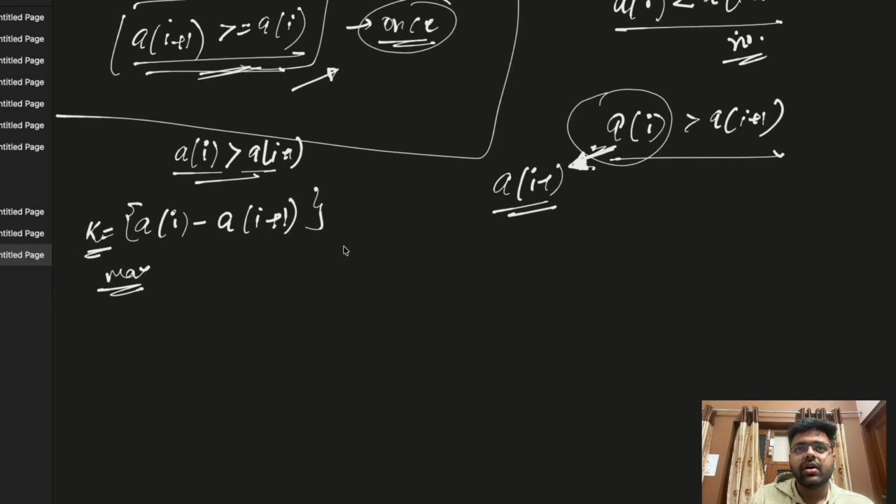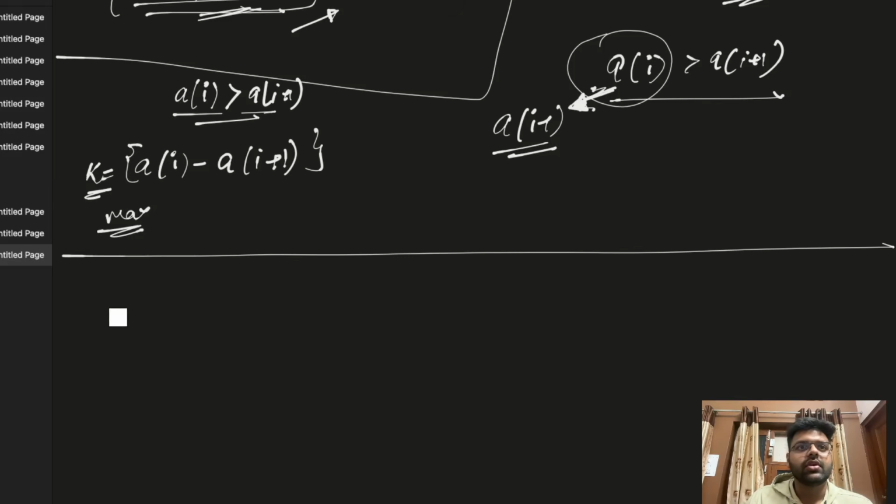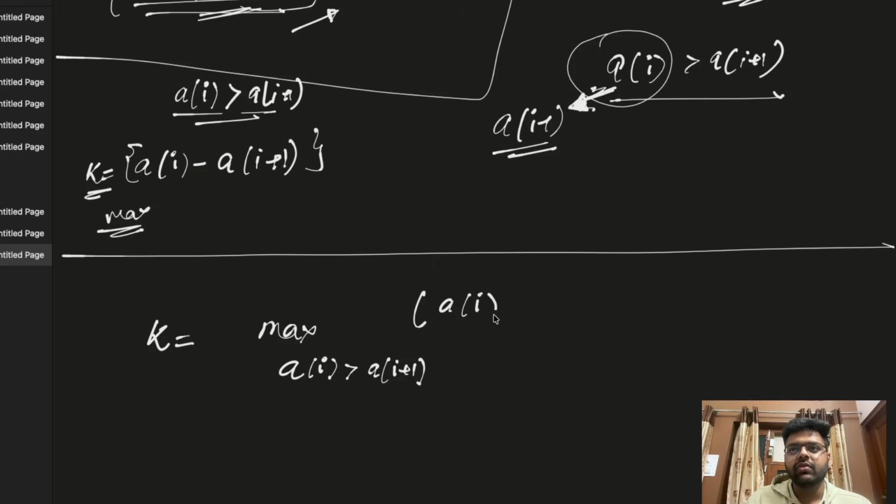Let me give you the logic as well. What we will be finding is k, which would be the max of all a of I greater than a of I plus 1, and it would be this.